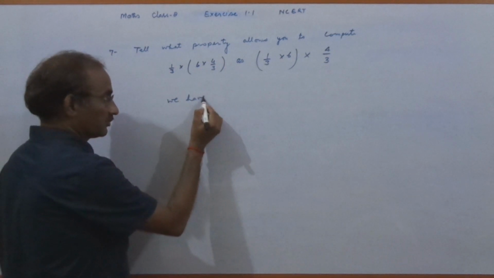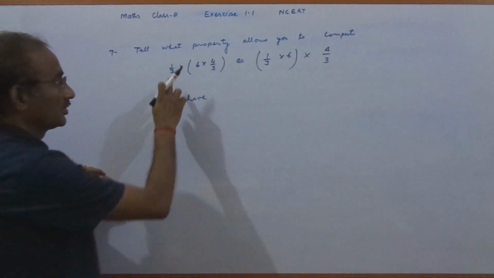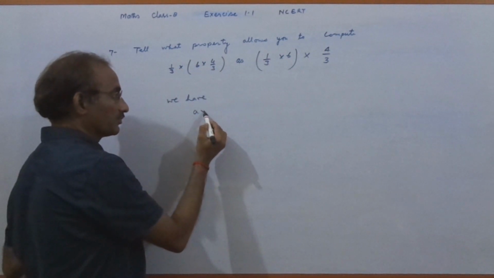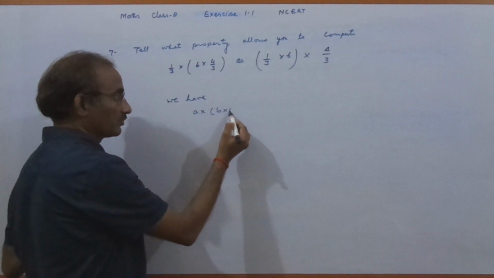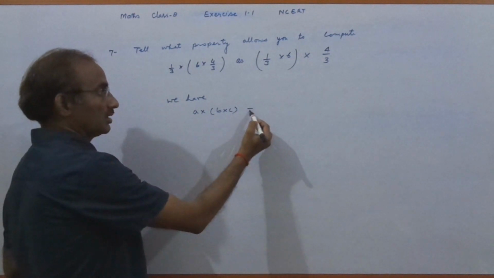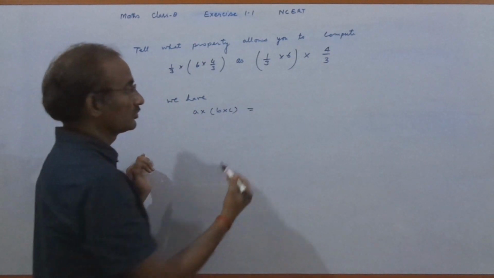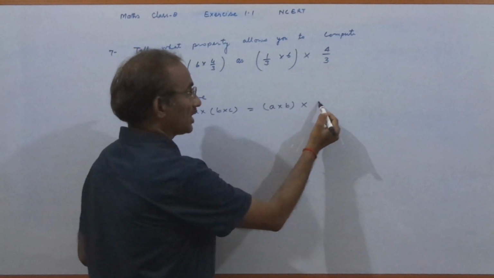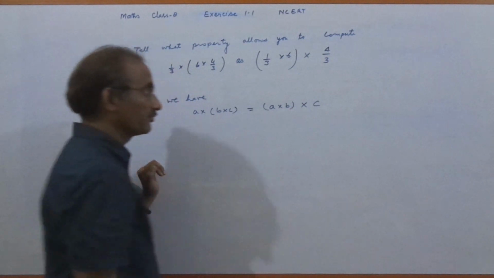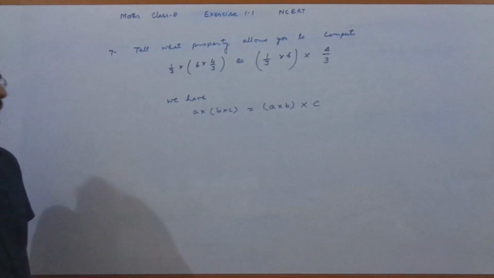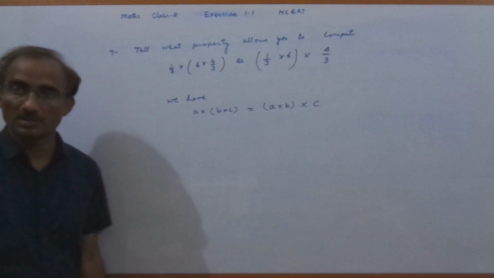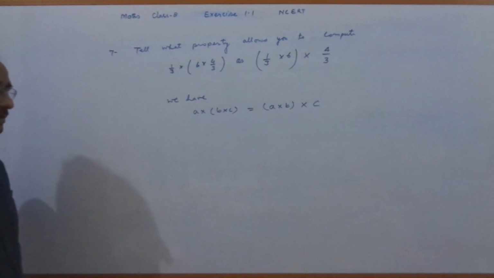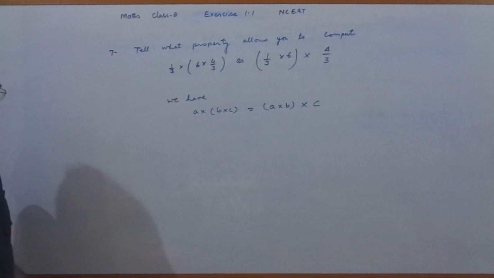Here we have A is multiplied with B into C, and equal to A into B multiplied with C. This property is known as associative property or the associativity.